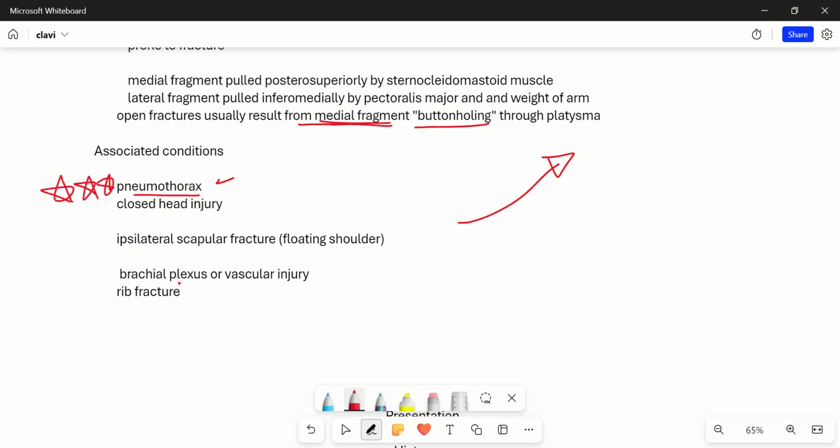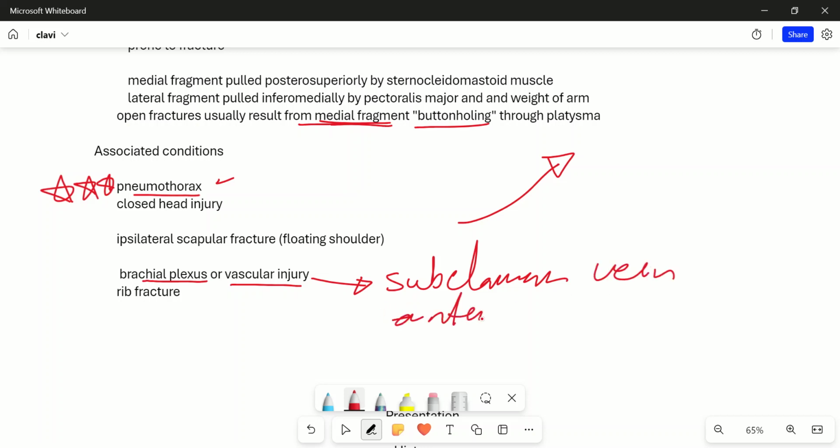Next is if there is any brachial plexus or any vascular injury, especially the subclavian vein, which is the most common as it's superficial in the neck. Next, this is the vein. Next, the artery comes after the vein. So you have to check for any hematoma or any loss of pulsation, such as the radial pulse, as we mentioned in the first question.